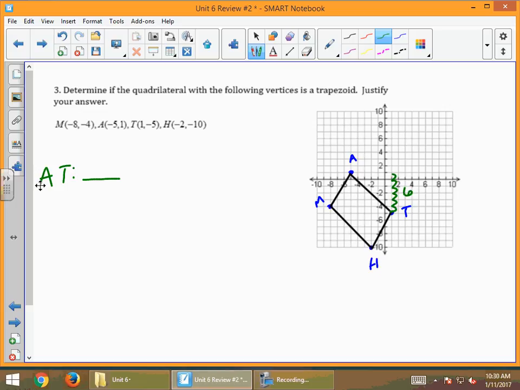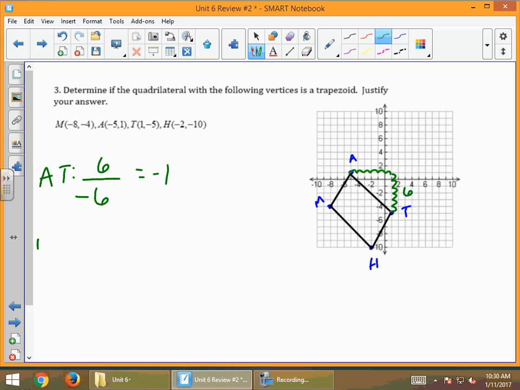We went up 6. And over. How far did we go over? That's -6 because we went to the left. And what does 6 over -6 reduce down to? -1. Right?